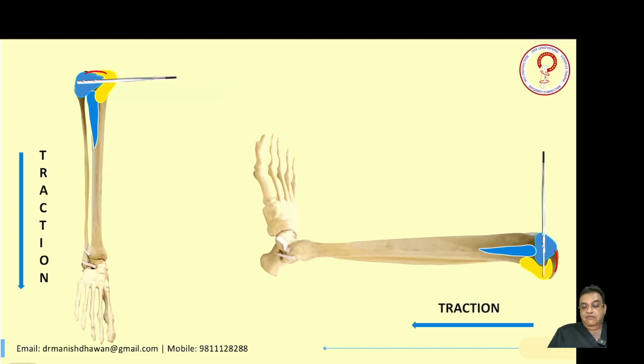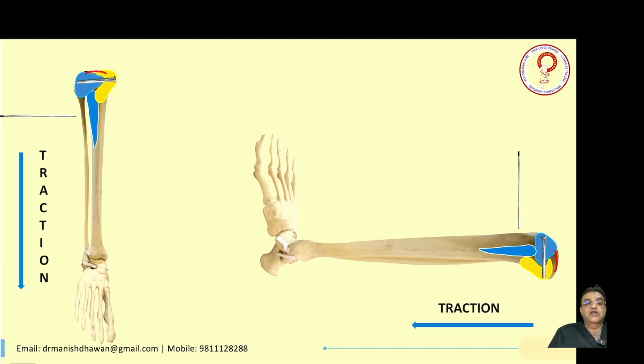Once it is done, we measure the exact length of the screw and then put a cannulated screw over it. Once this is done, you have made the medial and lateral fragments into one chunk. Then the third fragment is the diaphyseal fragment.